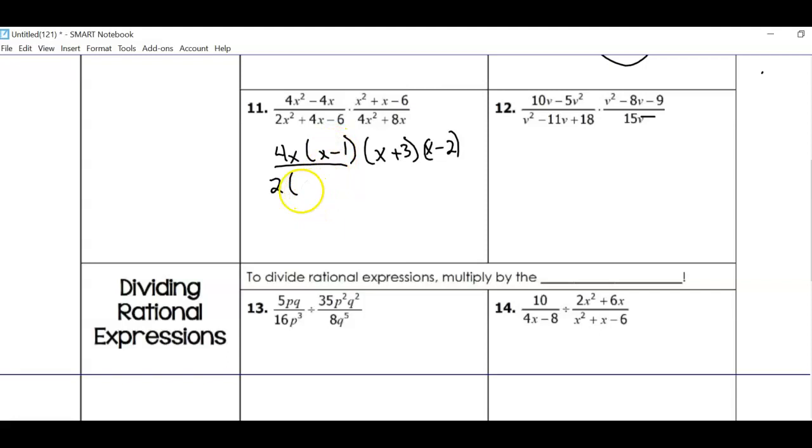So, what I said was there's a 2 in the middle and a 3 on the end. So this is going to be x plus 3 minus 2. It gives me my negative 6.